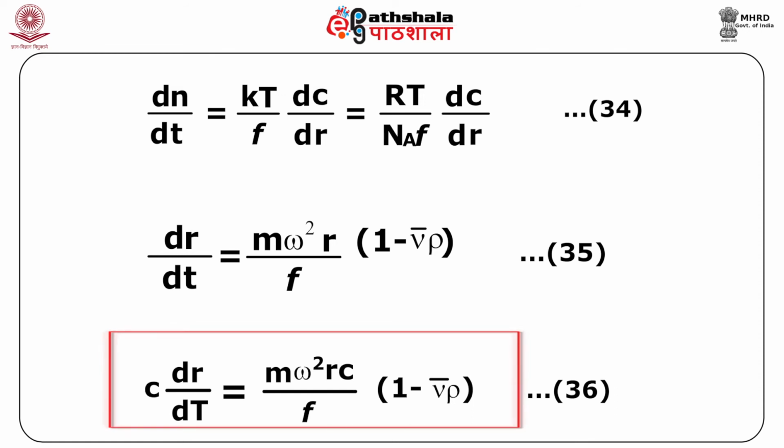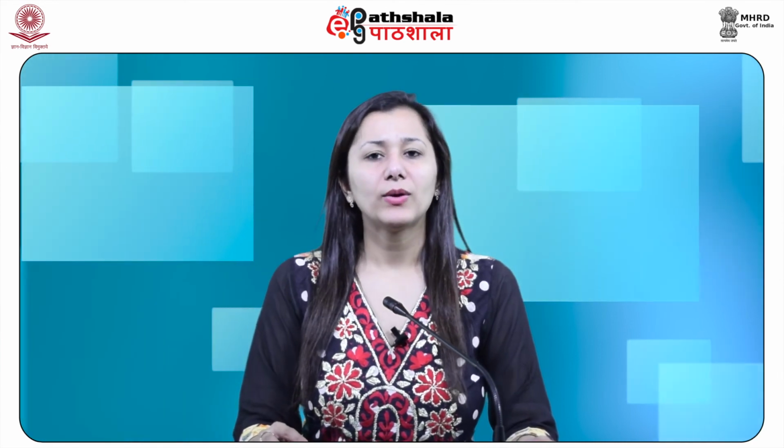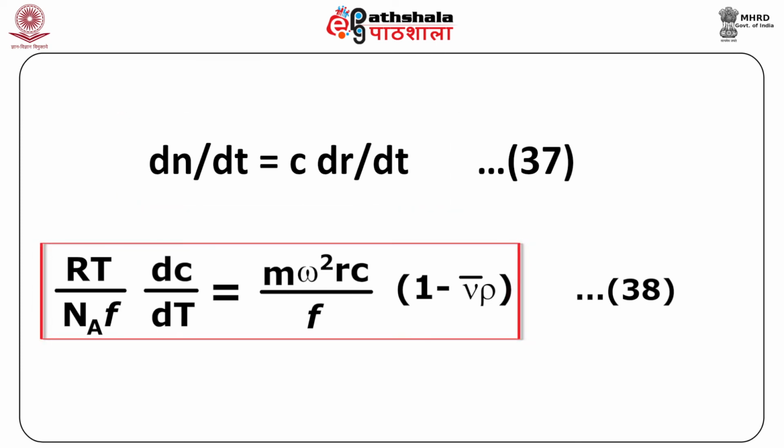Since at equilibrium the diffusion rate is equal to the sedimentation rate, we have from equations 34 and 36, dN/dt equals C into dr/dt, or RT by N_A F into dC/dr equals m omega square r C by F into (1 minus V bar rho), as shown in equation 38.